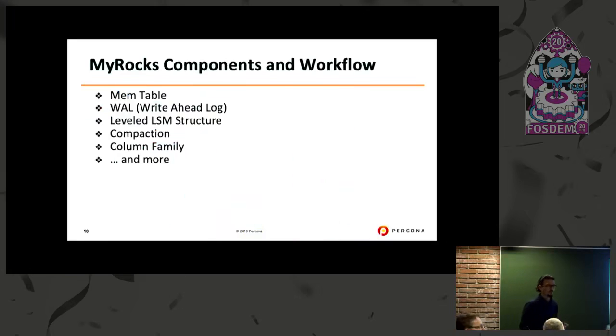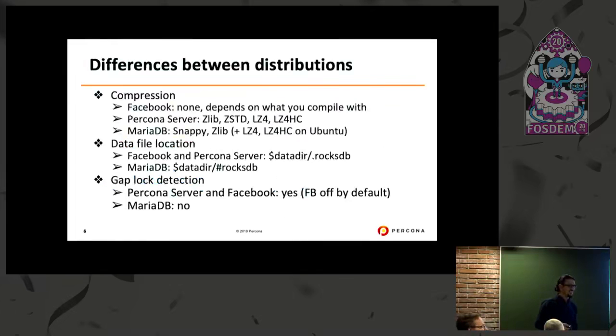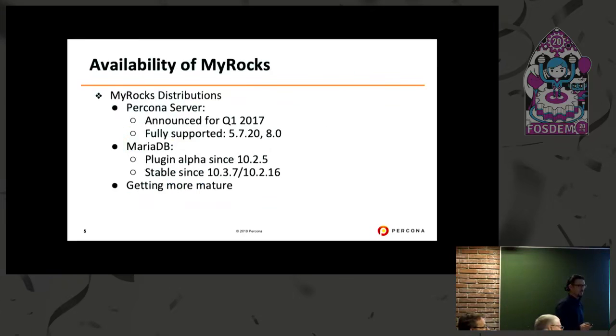Any other questions? Monty: InnoDB has gap locking. Does it mean that you can run statement-based replication? Because the only reason you can run statement-based by default is because of gap locking. Good question. Does Percona have gap locking? It doesn't have gap locking. It has gap lock detection.